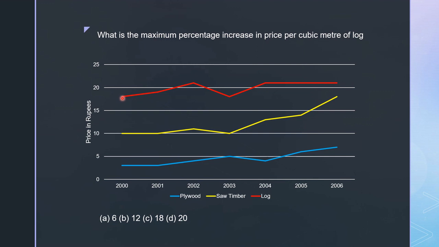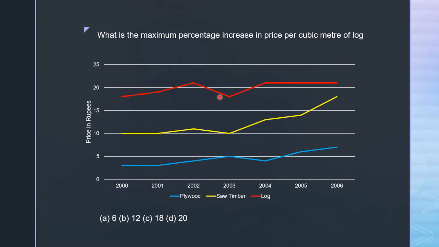In 2000 the log value is 18. In 2001 the log value is 19. So the difference is 1. Okay. Next, in 2002 the value is 21, the previous year value is 19, so the difference is 2.